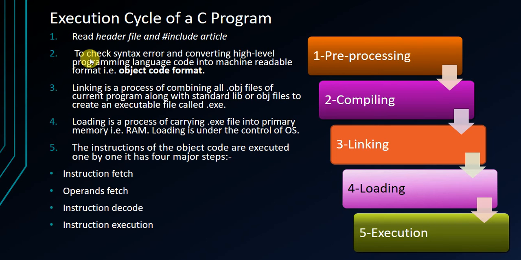The next, second point is compiling. Compiling is the process of converting high level language code into the equivalent machine language code. The major process under this is to check syntax errors. Syntax is the grammatical rules for writing any program, and we will explain it in brief in our next video.